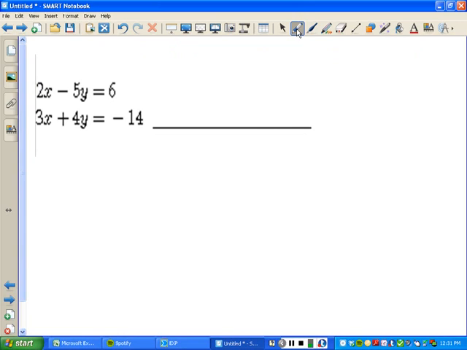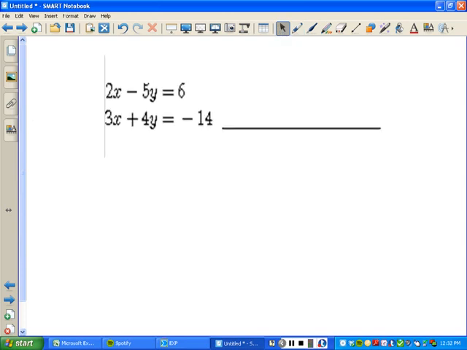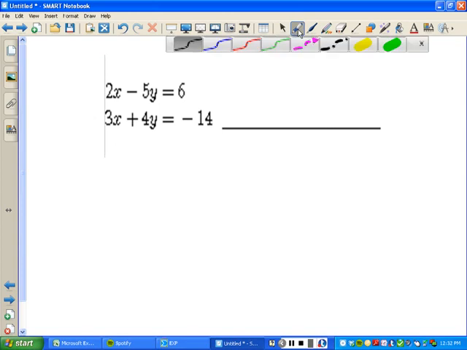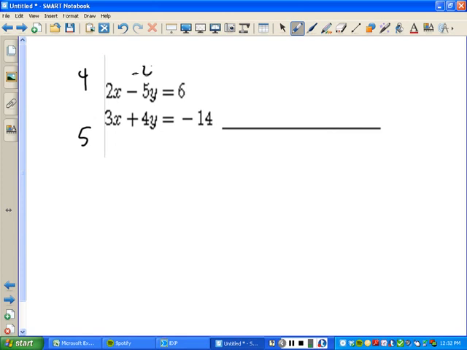All right. How are you going to do this one? Okay, you can do -3 and 2 if you want to. You could also do 5 and 4, or 4 and 5. Okay, you could do 4 and 5. That makes this -20, makes this +20.